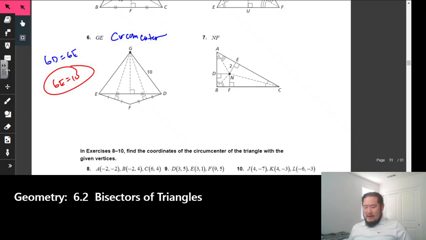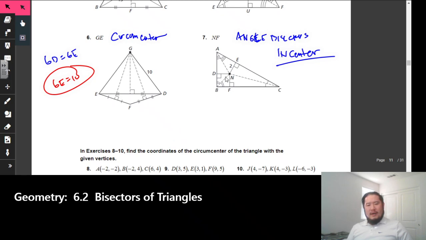Last one, or at least for this set, number 7, N to F. Take a look at the diagram. What do they give you? Looks to me right here, we've got angle bisector. And with the angle bisectors, that means we have an incenter. Look at angle A, bisected. Angle C, bisected. Angle B, bisected.